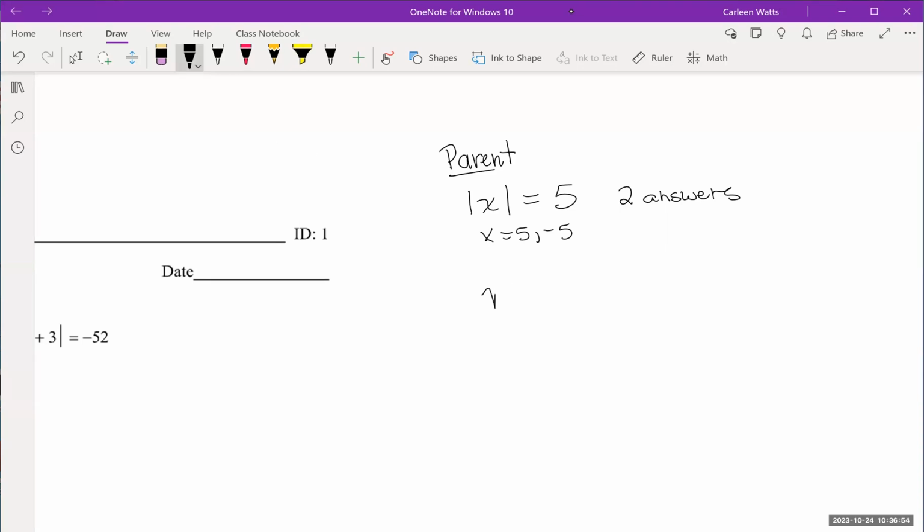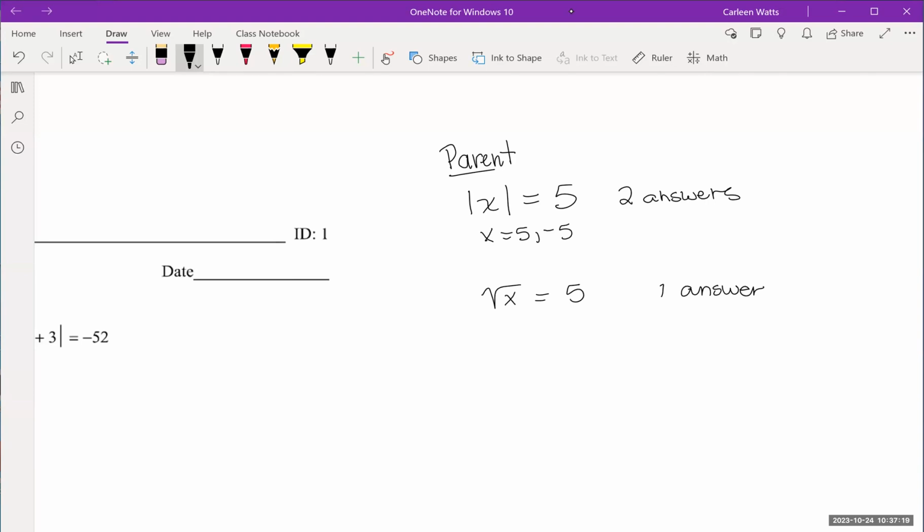Square root. The square root of some number equals 5. With the square root, we are expecting 1 answer. So the square root of what number equals 5?